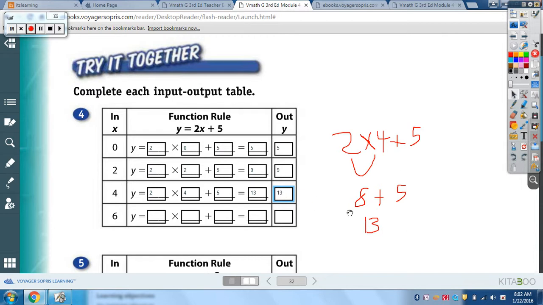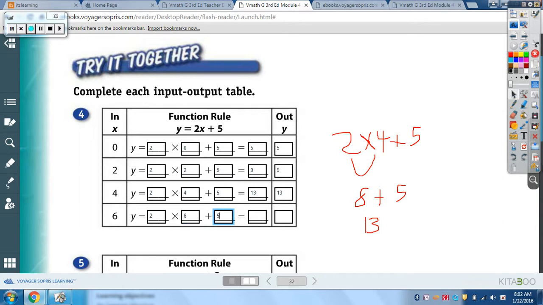And finally, we will input 6 for x, so we'll substitute 6 everywhere we see x in our function rule. So our new function rule will be 2 times 6 plus 5.